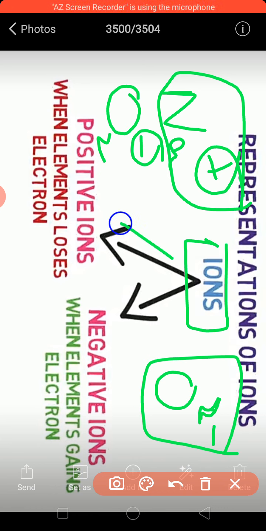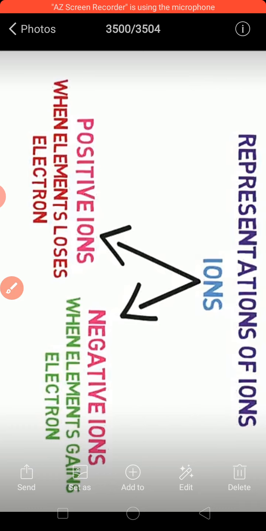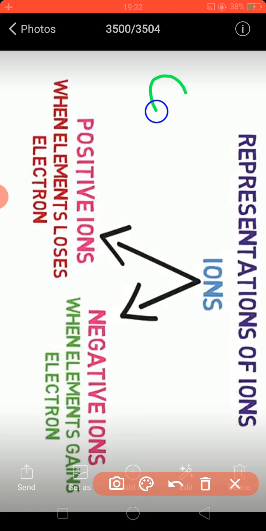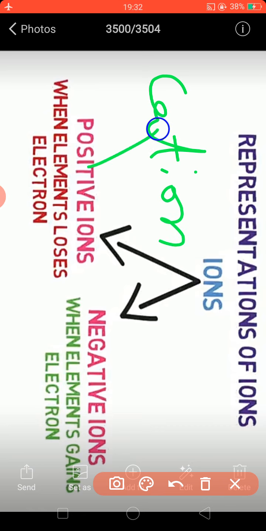So ions are of two types, positive ions and negative ions. Positive ions, the ions which carry positive charge, are called cations, and ions that carry negative charge are called anions.